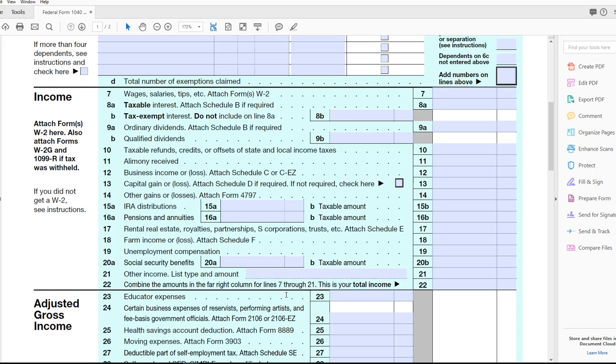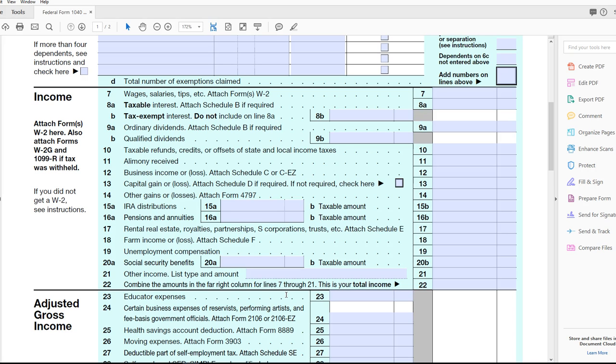IRA distributions and pension and annuity distributions are when you retire and start taking money out of the pension plan or the IRA to fund your lifestyle. Rental real estate, if you own an apartment building or a house that you rent out, would be reported in line 17. Farm income is for farmers that have crops that they sell.